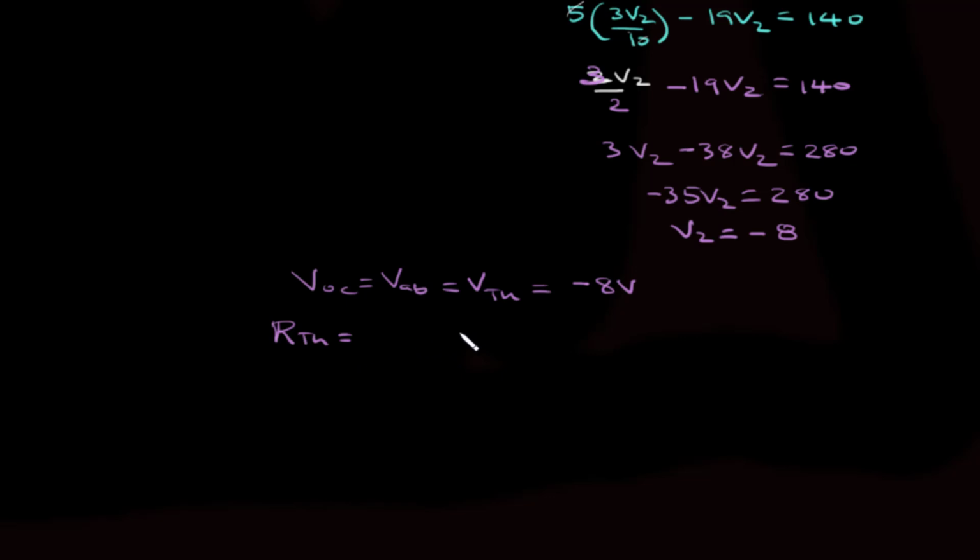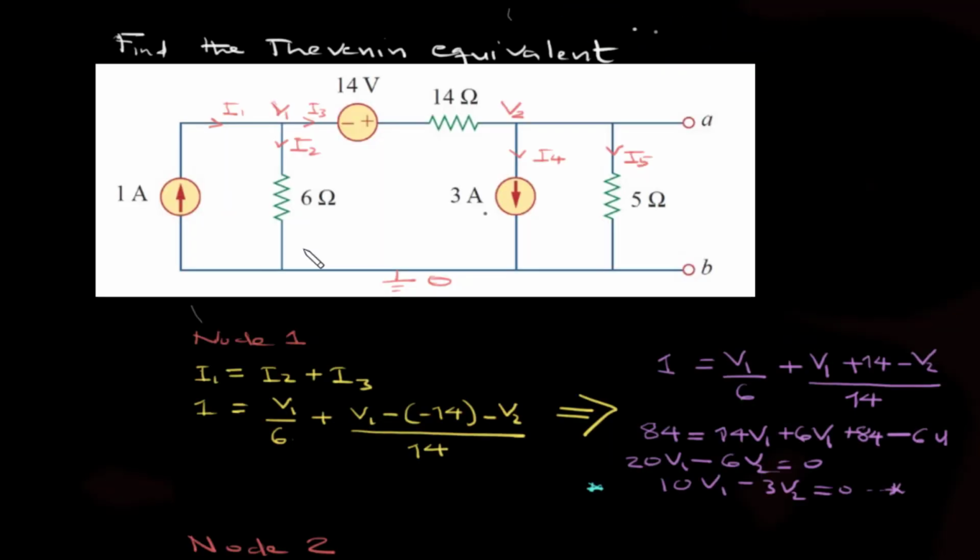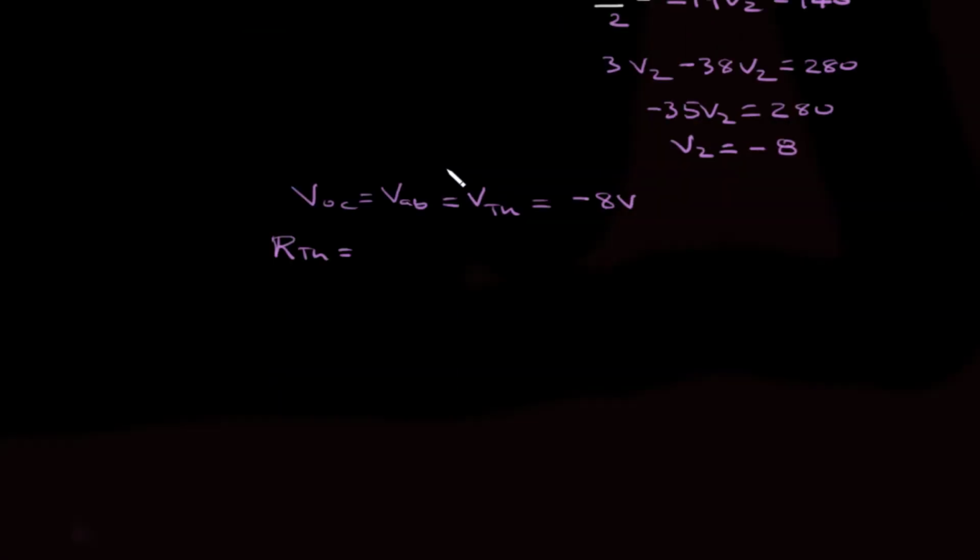So to calculate the Thevenin resistance from our diagram here, we just shut down the independent sources. Independent sources here: the current source, so it's going to be open here. The voltage source is going to be closed here, and this current source is going to be open. The obtained circuit will be like the following.